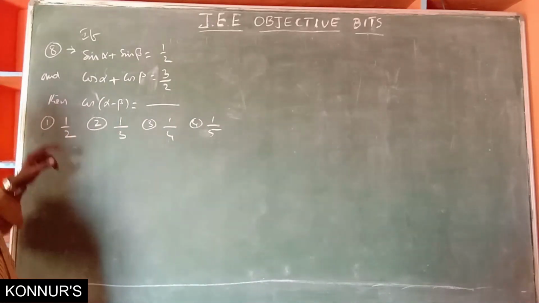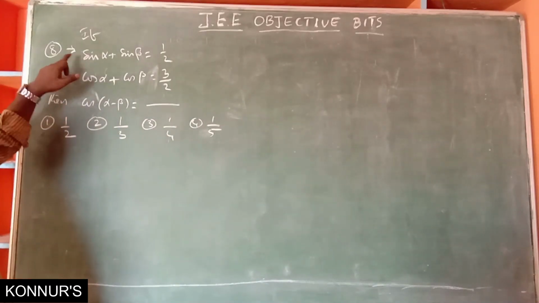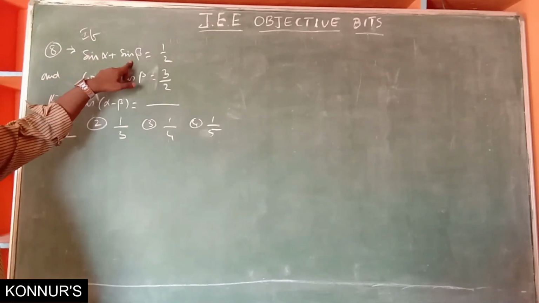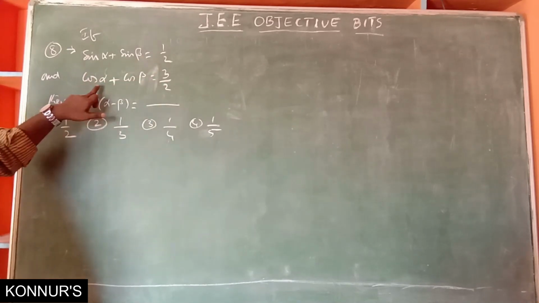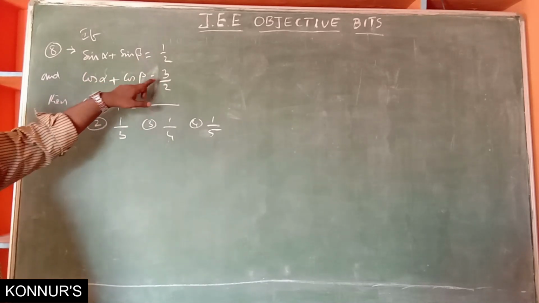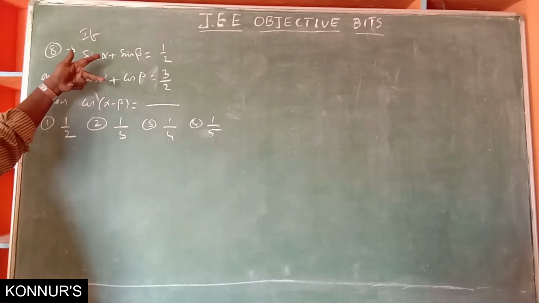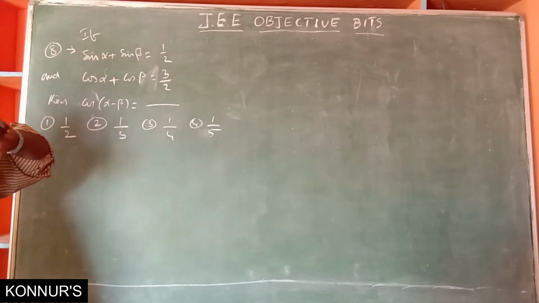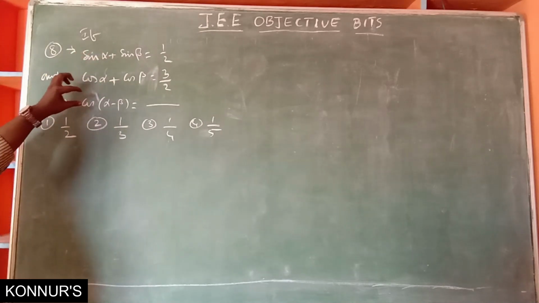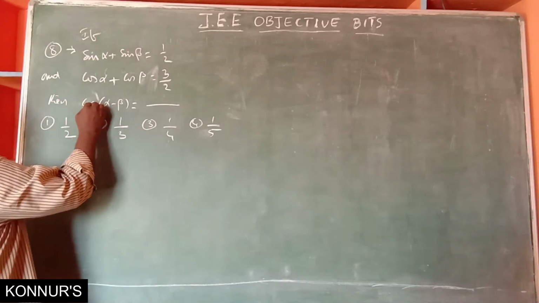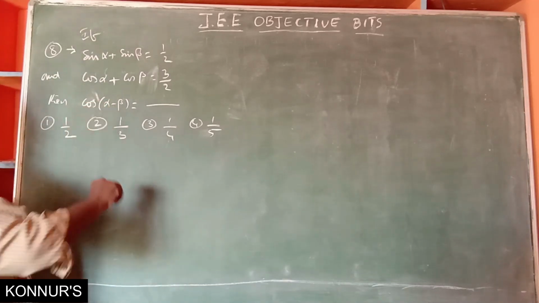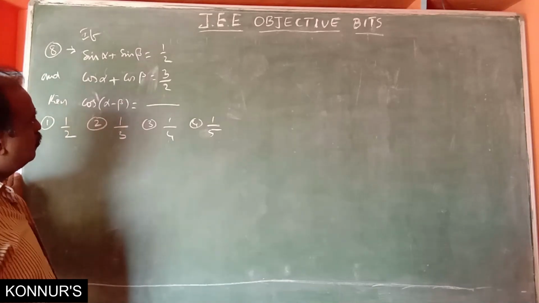Next, the eighth one. Sin alpha plus sin beta is equal to 1 by 2. Cos alpha plus cos beta is equal to 3 by 2. Here also two equations, two data, are given, and we are asking cos of alpha minus beta is equal to dash.